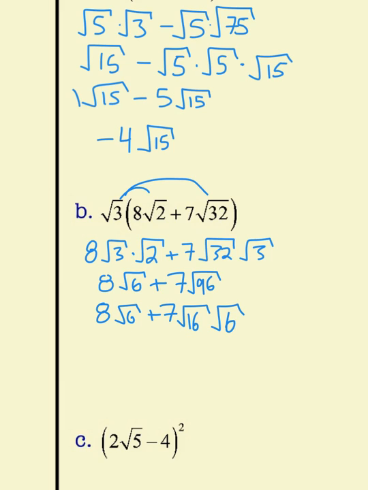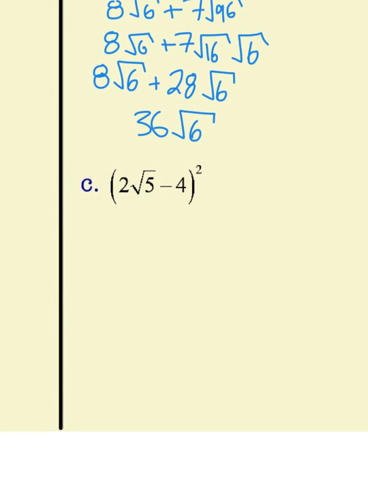And now 16 is actually a perfect square, so I can simplify that more before combining like radicals. I still have 8 square root of 6, and now I have 7 times 4, so this is going to become 28 square root of 6, and now I can add them together. 8 plus 28 is 36 square roots of 6.